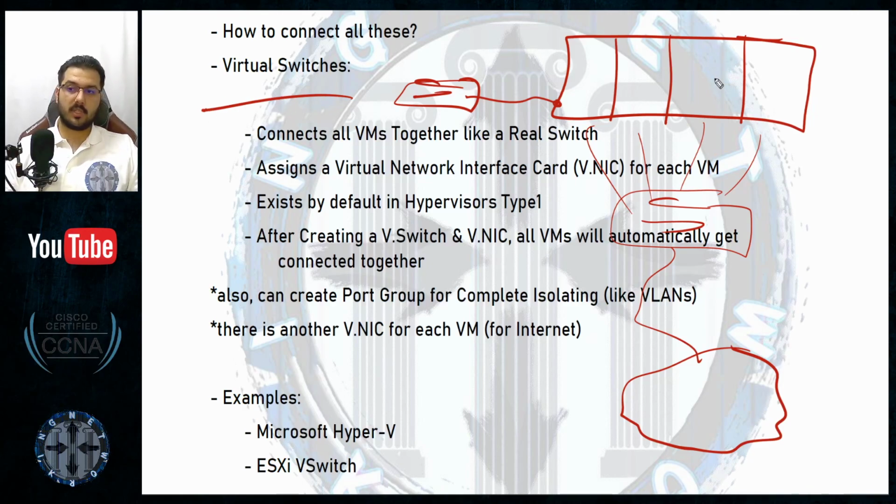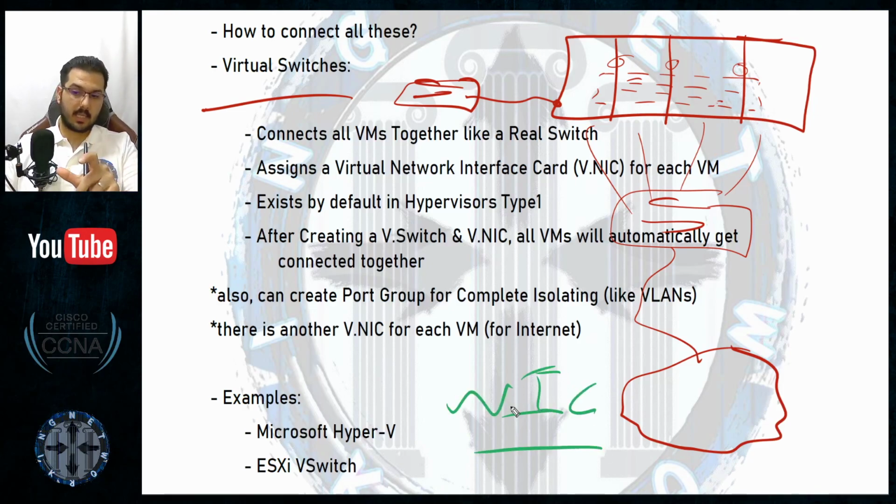A virtual switch is an internal virtual component that resides inside the device, inside the server, and this one connects all of these together by virtually creating for them a virtual network interface card, a NIC. This is the same card that you have in the motherboard of your desktop or laptop that contains the Ethernet port that you connect your computer network to.